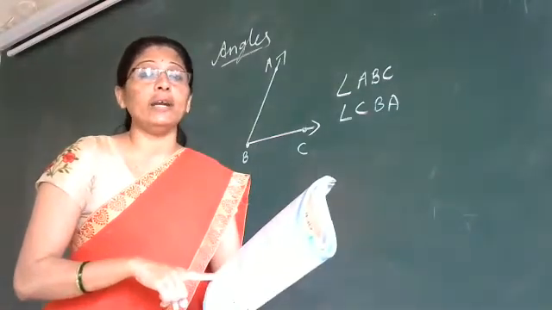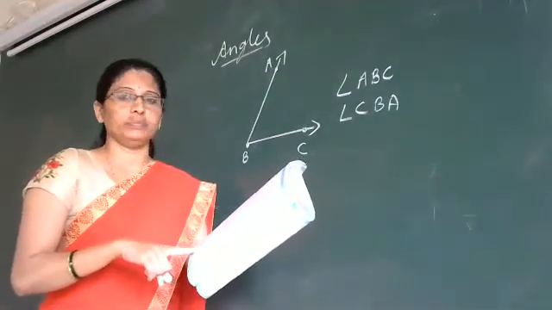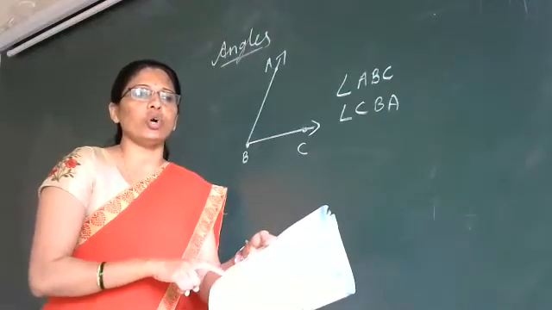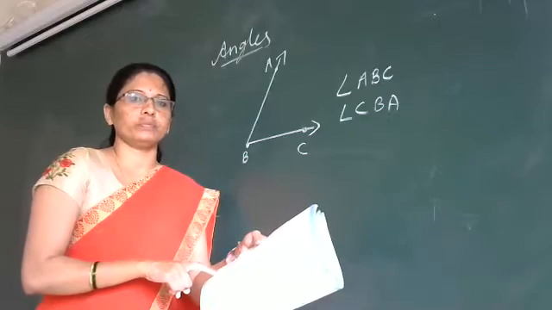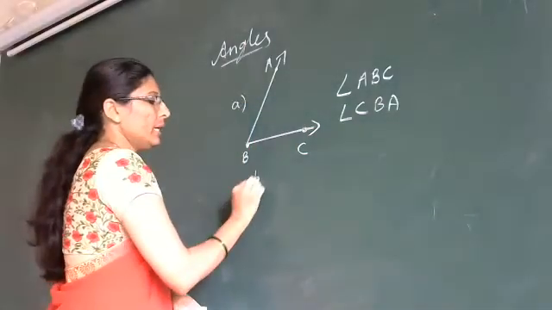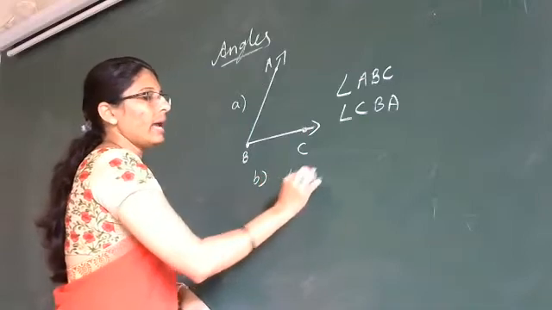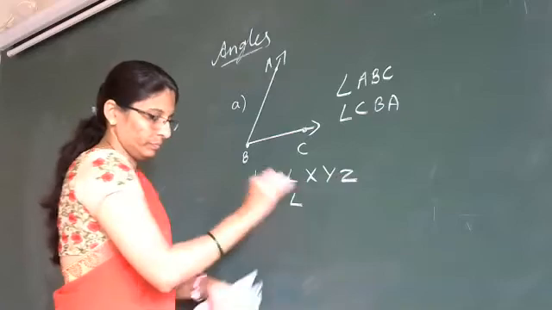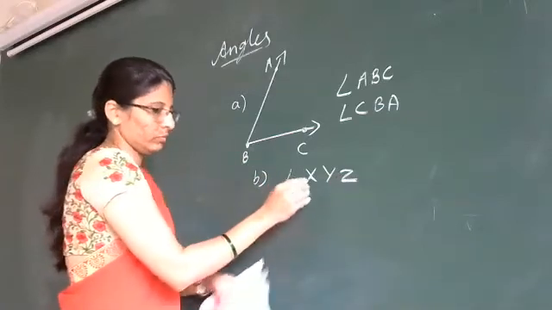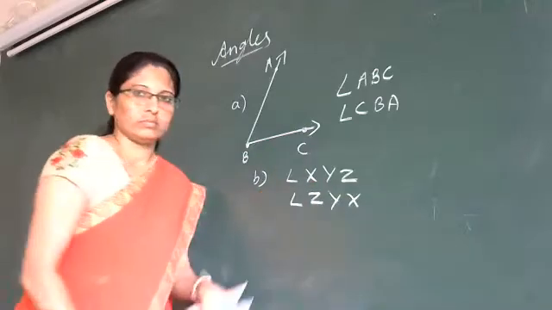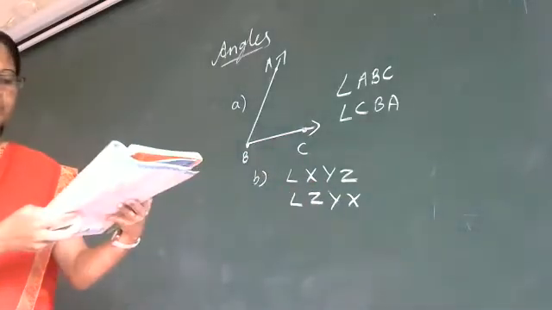Tell me second one. B1. You can write there only down, in your textbook only you can write down. B, this is A. B1 is angle A. Okay, one more.